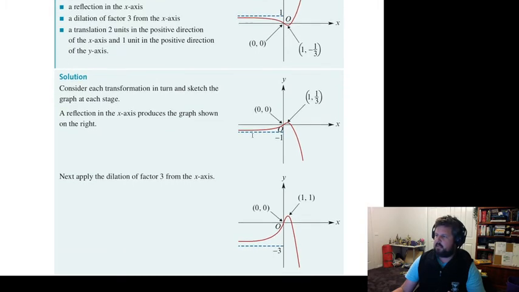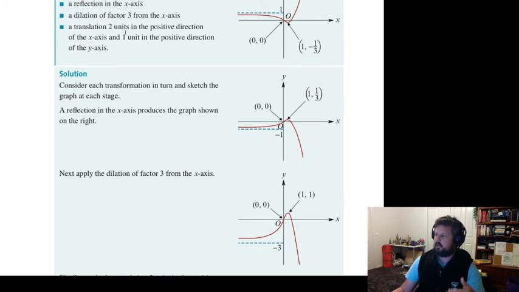Last one from here is we're going to have translating 2 units in the positive direction of the x-axis. So that means it's going to move to the right by 2, and also it's going to move 1 unit in the positive direction of the y-axis. So essentially you'll need to be adding 2 onto the x coordinates and adding on 1 to the y coordinates.